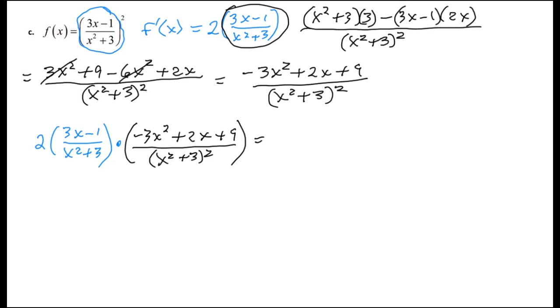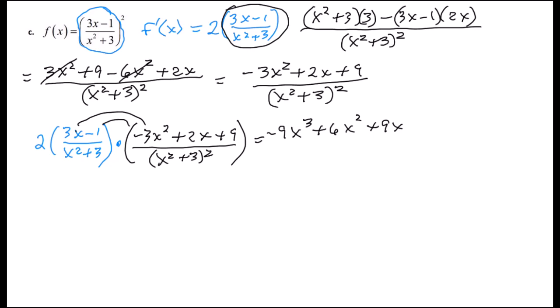So I've got 3x times minus 3x squared, so negative 9x cubed, then 3x times 2x plus 6x squared, then 3x times 9, and then the negative 1 times each of those.